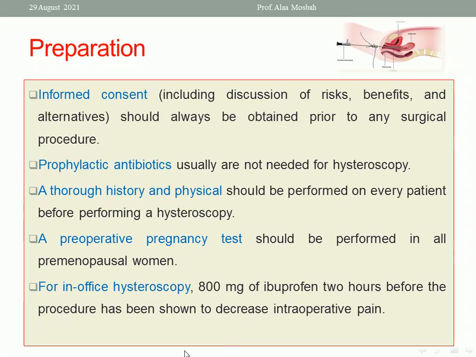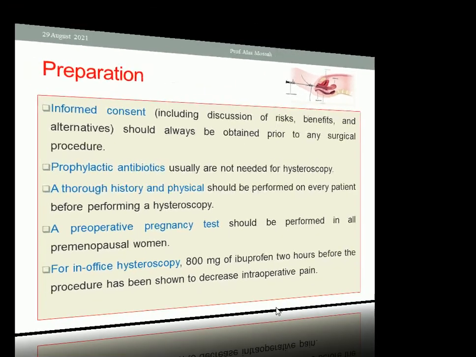Okay, what about analgesia? In office hysteroscopy, you can give the patient 800 milligrams of ibuprofen 2 hours before the procedure to minimize the pain during and after the procedure. Okay?